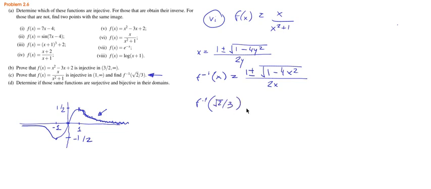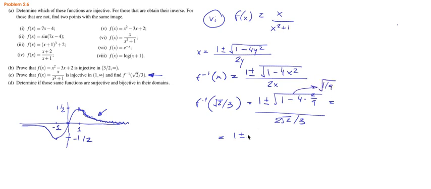square root of 2 over 3, then we have 1 plus minus the square root of 1 minus 4 times 2 over 9, and then 2 times the square root of 2 over 3. So this is 1 plus minus, and this is 1 minus 8/9, which is equal to 1/9.